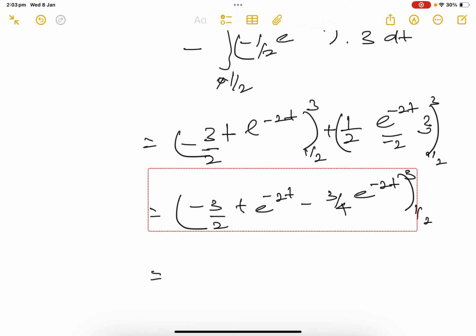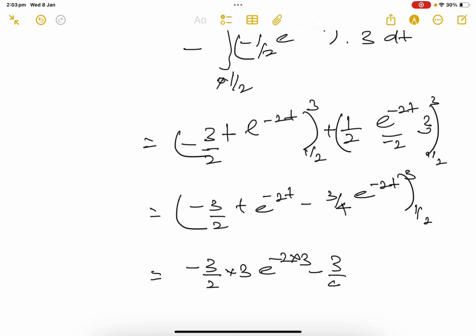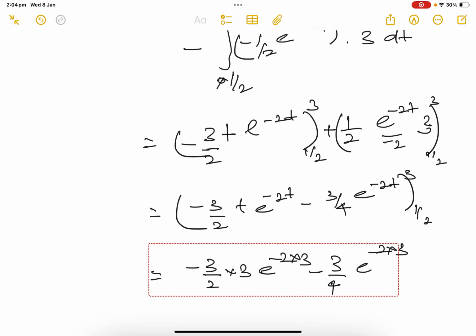Let's apply that, substituting the values for t. So minus 3 over 2, t is 3, e to the minus 2 times 3, minus 3 over 4 e to the minus 2 times 3, minus the half value.